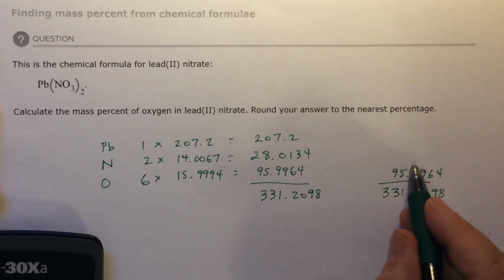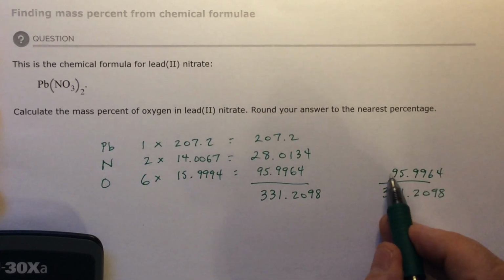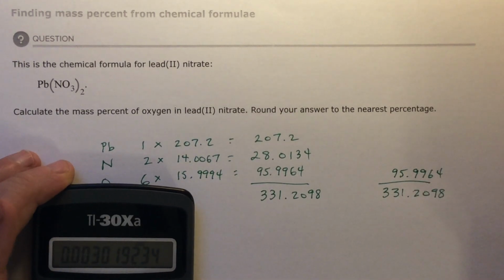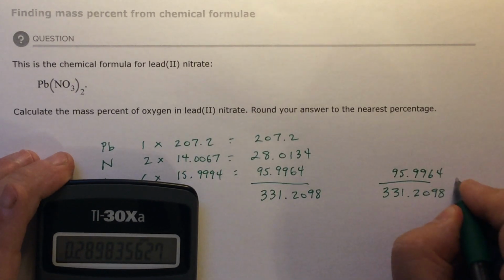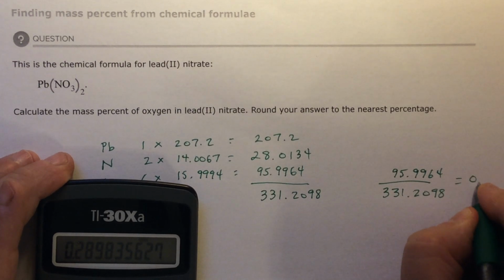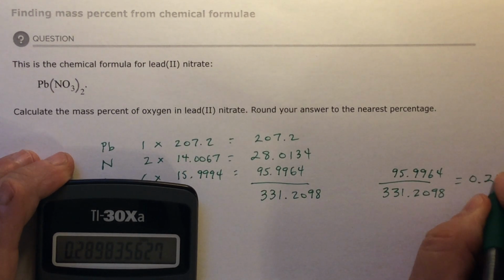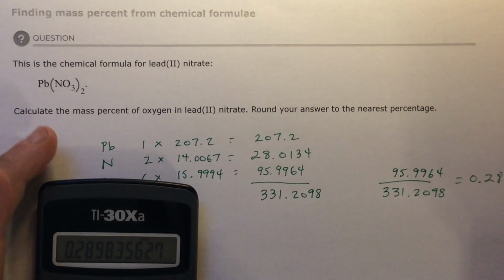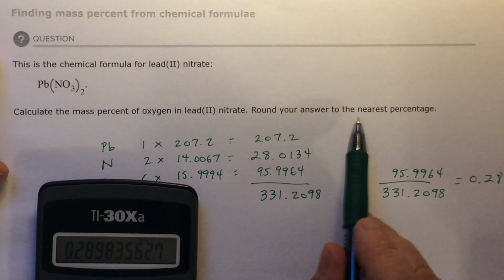95.9964. And now this means divide. So it's 95 out of 331. 95.9964, and I get that as a decimal, 0.2898, etc. and it asks me to round it to the nearest percentage.